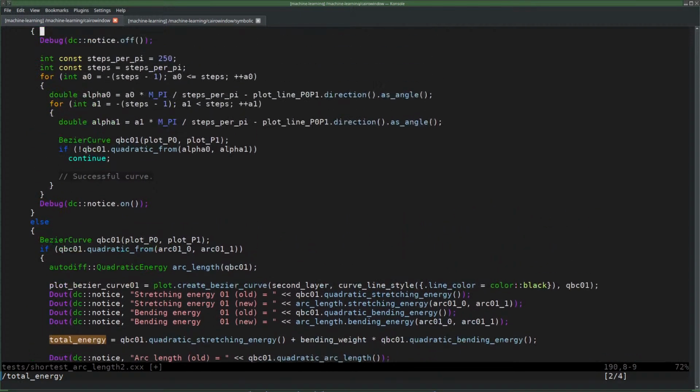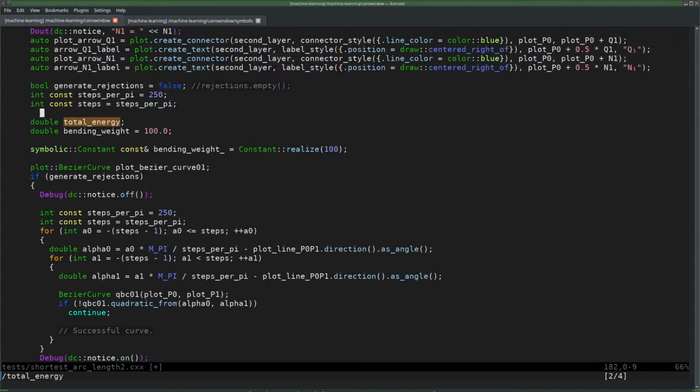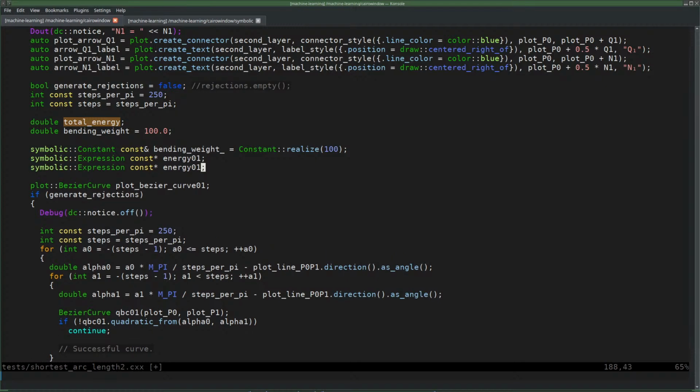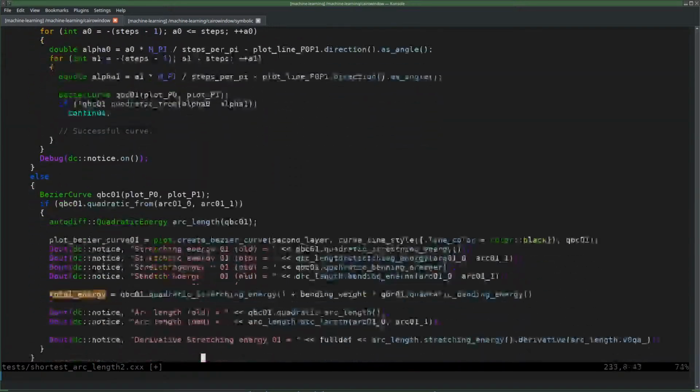Let's call it energy 0, 1. So I'm gonna make a symbolic expression const pointer energy 0, 1, and the other one is called what? 1, 2, I suppose.